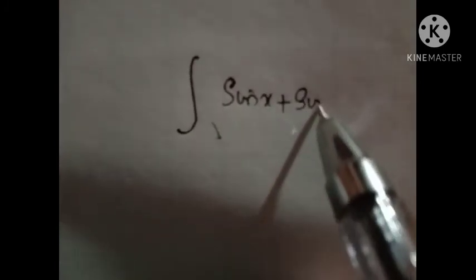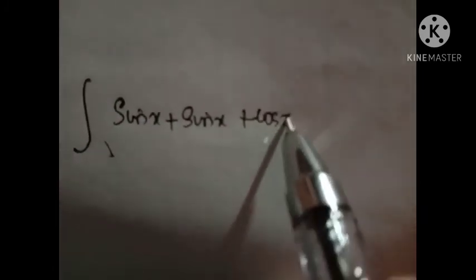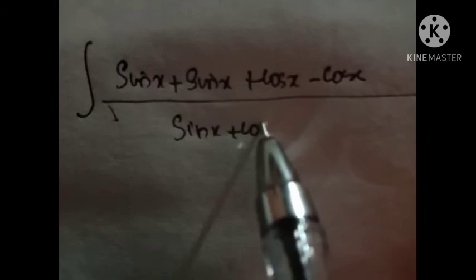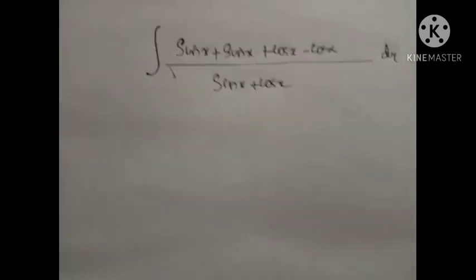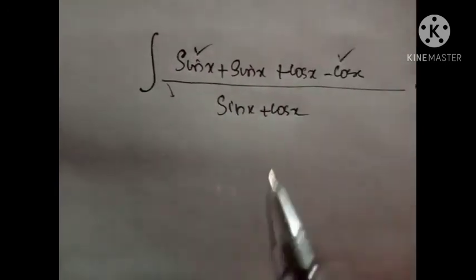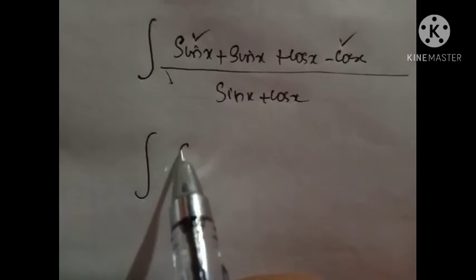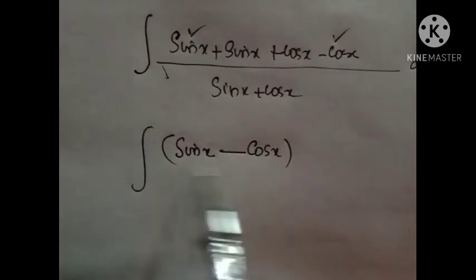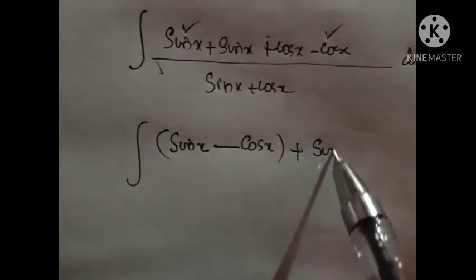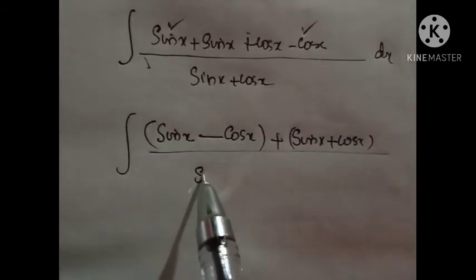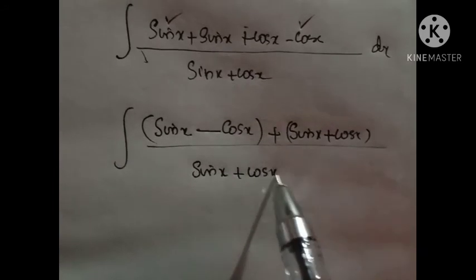Integral (sin x plus cos x minus cos x) by (sin x plus cos x) dx is written as, listen, take these two terms together, sin x minus cos x. Okay. So we get (sin x minus cos x) plus the remaining (sin x plus cos x) by (sin x plus cos x) dx.